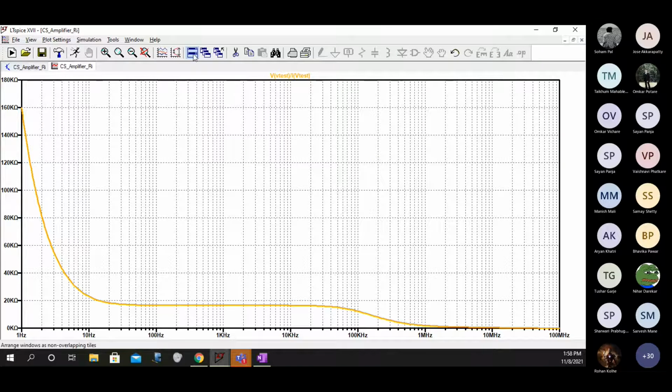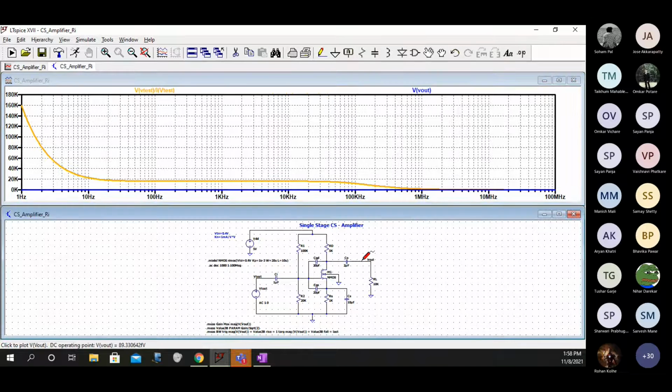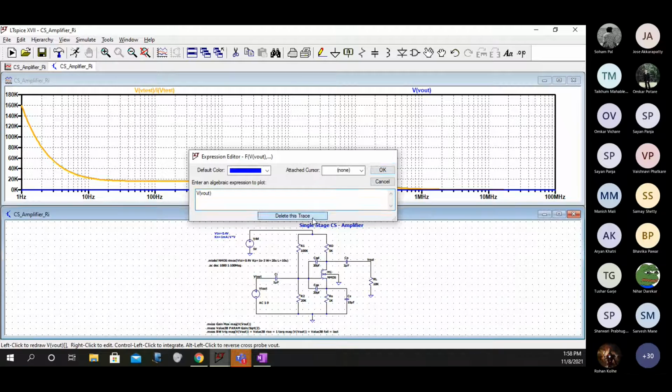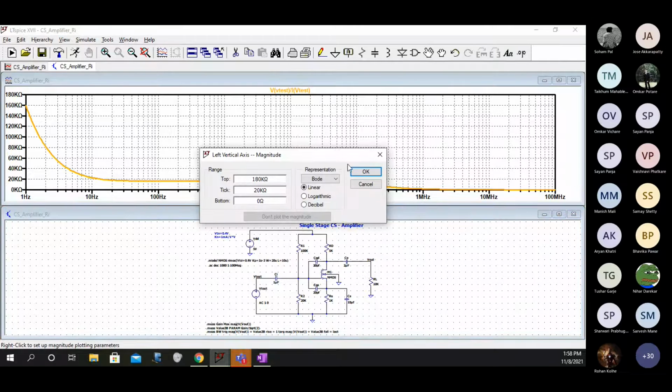So now you all will plot this. Come on, do it. Here you will make this a linear scale, then it will show you in kilo ohms.